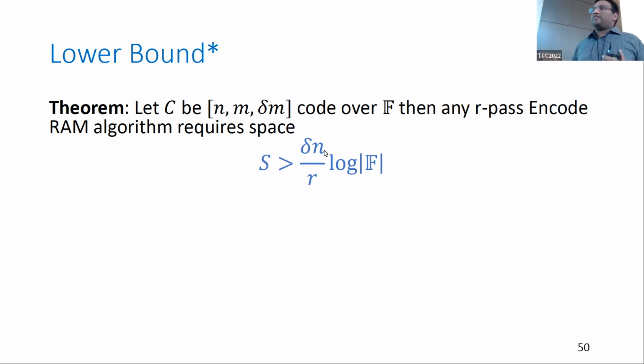Therefore we show that there's a lower bound on the constant distance code, and because of that, improving the lower bound in symmetric key operations is difficult.